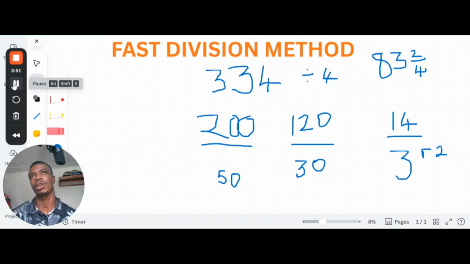If you're dividing a number like 334 by 5, you're going to anchor it with other numbers that are perfectly divisible by 5. Maybe 200, then 100, then 30. These numbers are perfectly divisible by 5. You get your answer, then you put a remainder of 4. You get a full answer. So this will be very helpful when we have numbers to divide, and we can also follow this simple basic method.